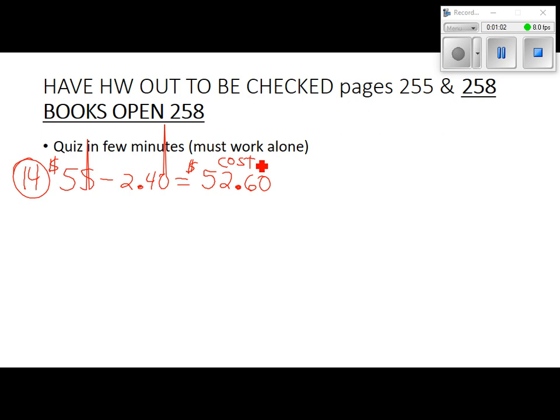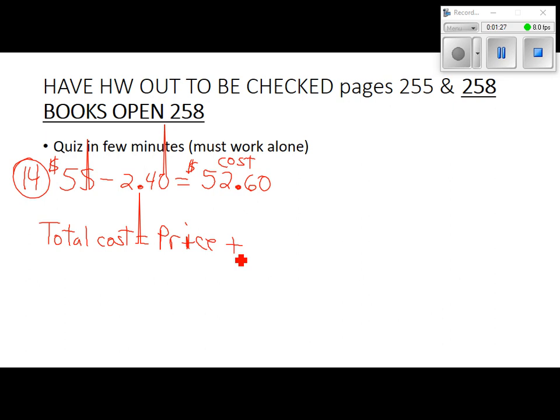So remember, to find the total selling price, I'm going to write it backwards this time. Total cost equals the price of the item plus the tax.